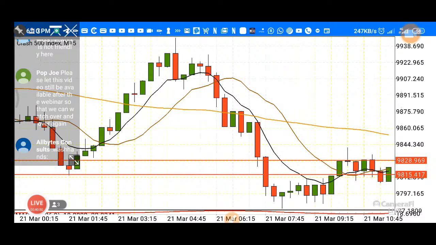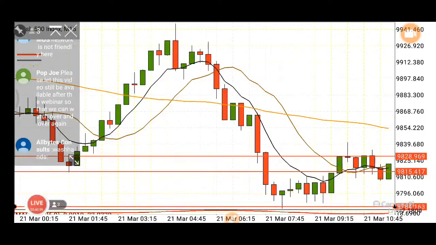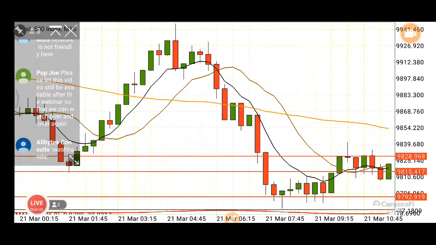So we bought at 98.28 and we are placing our stop loss below this level, here. So let's see if it will hit. And let's see, for example, if you are entering this kind of trade, where we can TP.